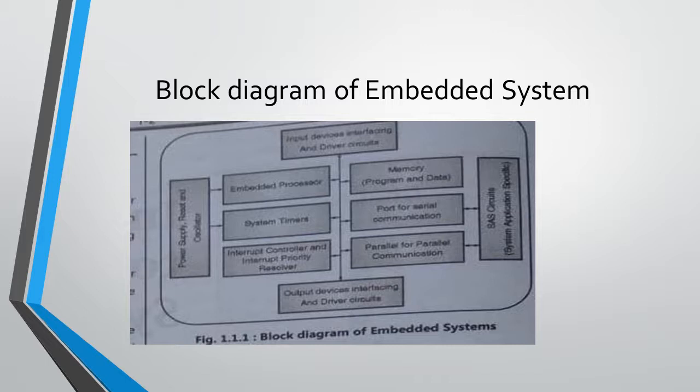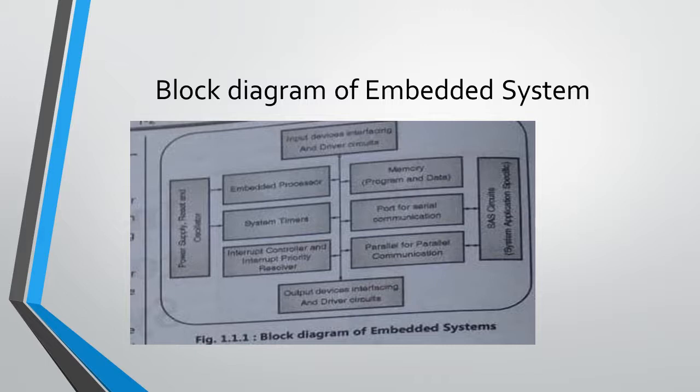As shown in the figure, first is embedded processor, second program and data memory, third system timers, fourth serial communication port, fifth interrupt controller, sixth parallel ports, seventh output interfacing driver circuits, eighth input interfacing driver circuits, ninth power supply, reset and oscillator circuits, and last is system application specific circuits.